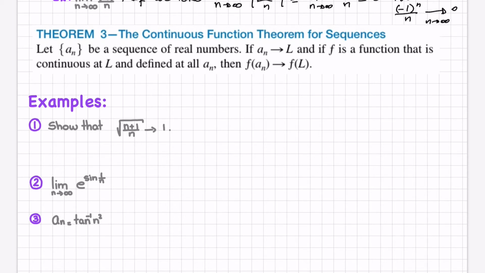So suppose you have a sequence of real numbers, and the sequence approaches L. If f is a function that is continuous at L, and it is defined for all the a_n, and a_n approaches L, then f of a_n approaches f of L. It's like you can take f here and here.